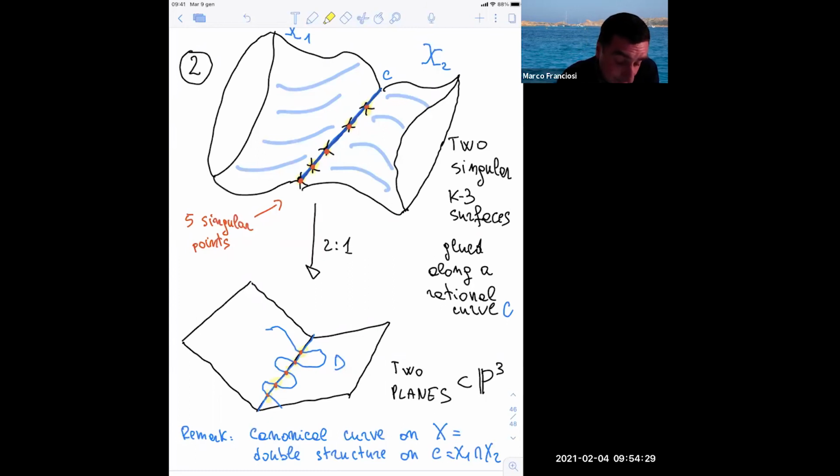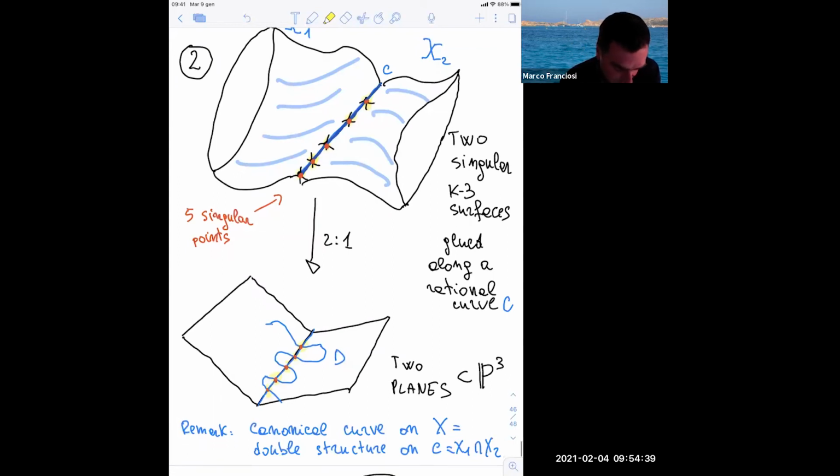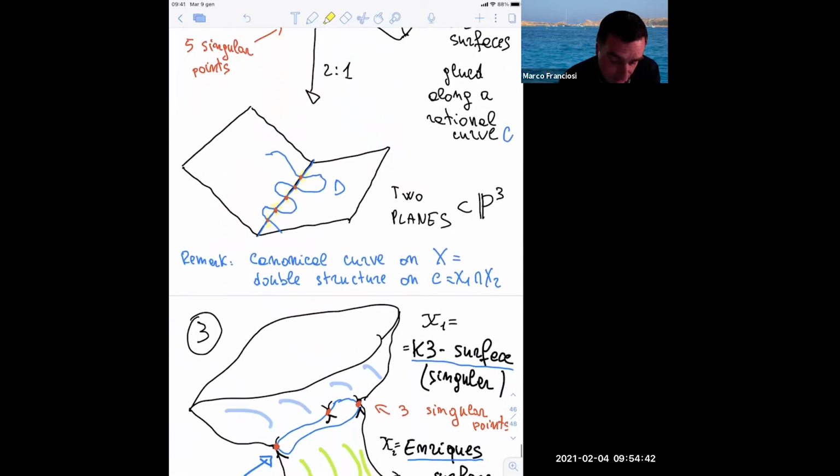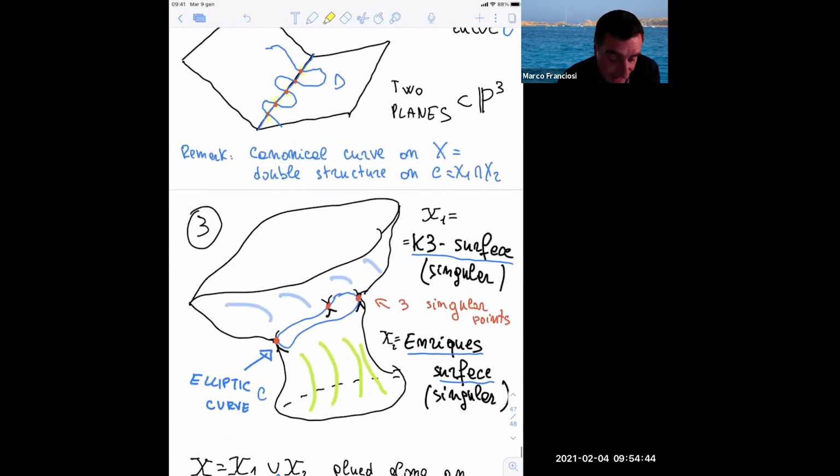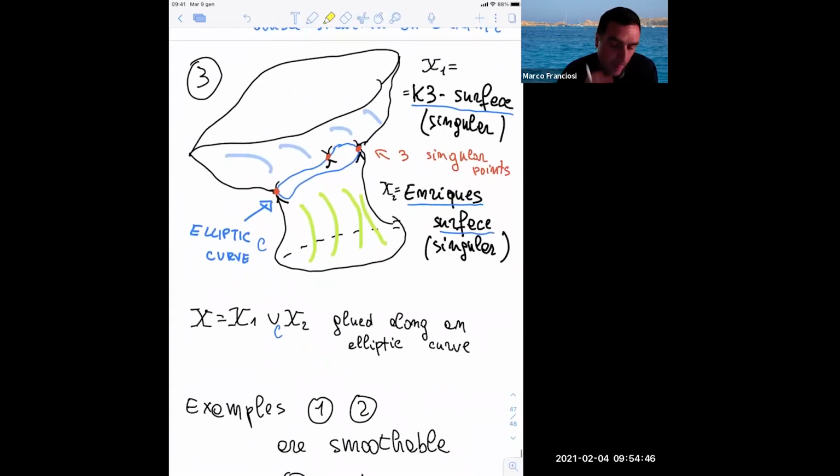And C is a genus 2 curve, a Gorenstein genus 2 curve, which is a double structure over a rational curve. And the third example is given by X1, a singular K3 surface, glued to a rational surface along an elliptic curve with 3 singular points.